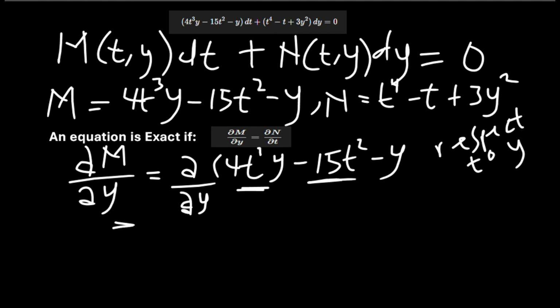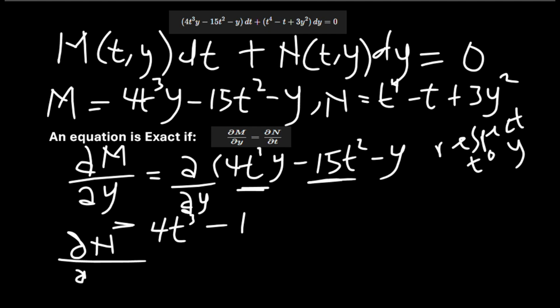When we differentiate y, we get 1, so 4t cubed times 1, which is 4t cubed. 1 is an identity element; normally we don't write it. Then minus, when we differentiate the y there, we get 1. In case you are not well conversant with differentiation, let me do a short demonstration here.